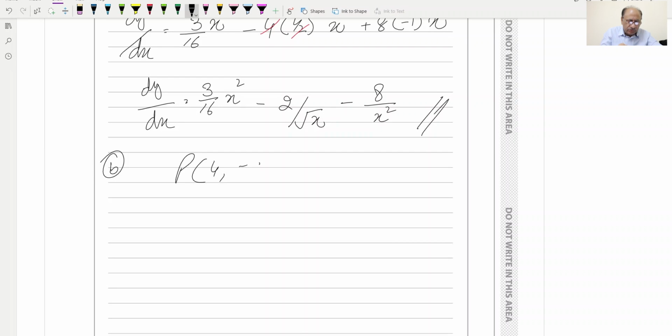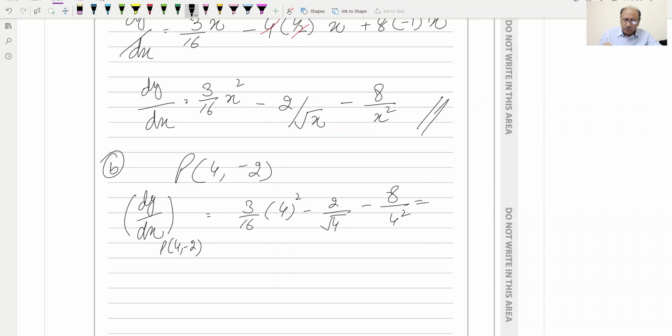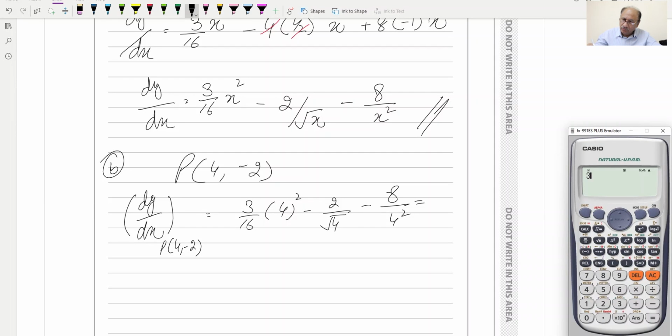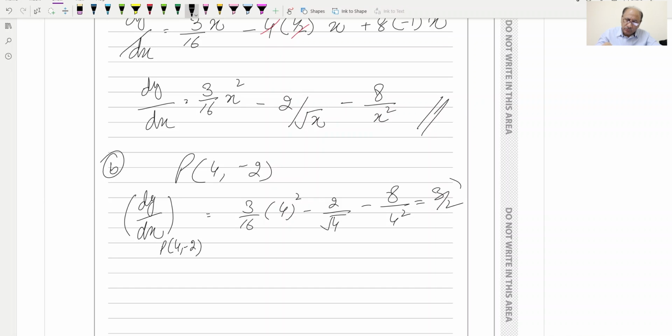P point is given, 4 and minus 2, and we can find the gradient, dy over dx at point P, and this will be equal to 3 over 16 times 4 squared, minus 2 over root of 4, and minus 8 over 4 squared. We can use a calculator, and this will be equal to 3 by 2. So 3 by 2 is the gradient.